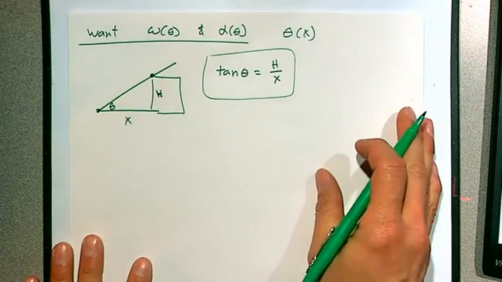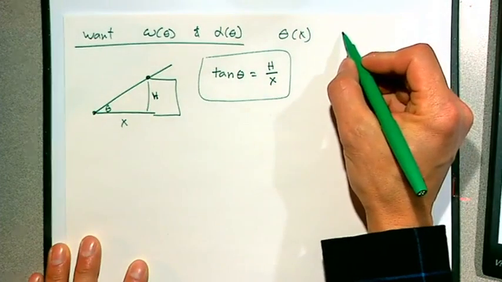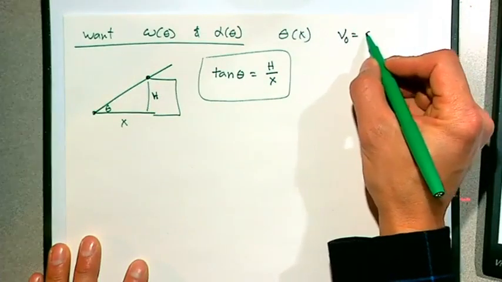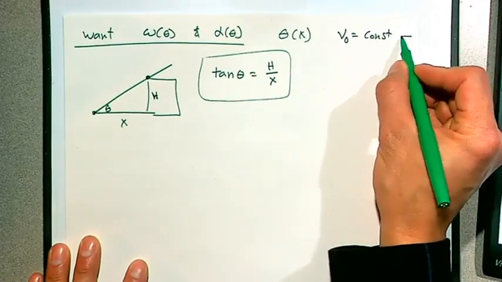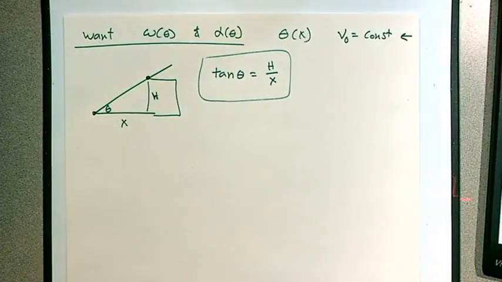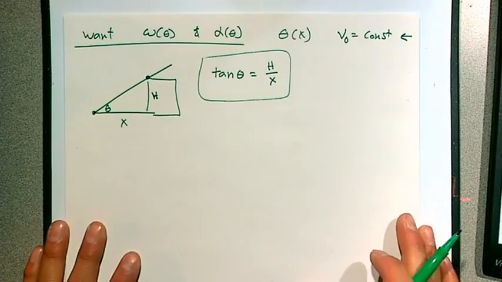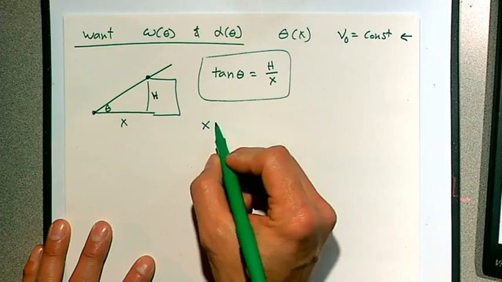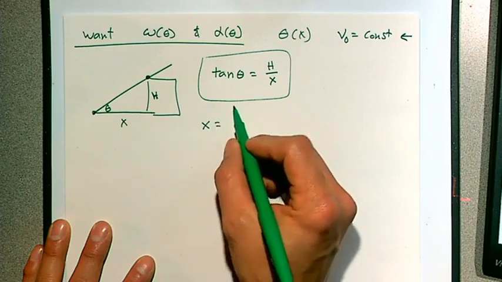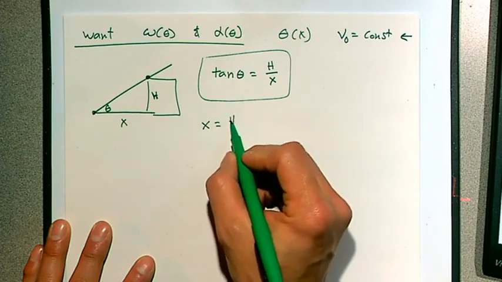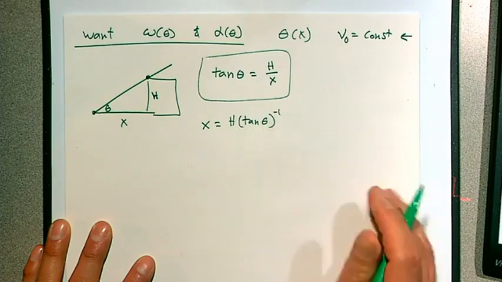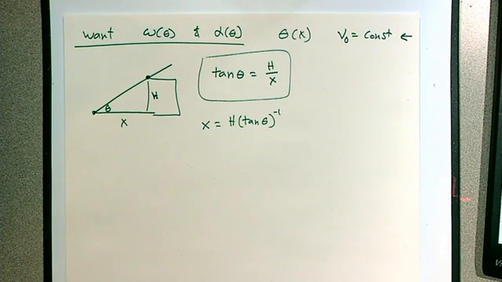The one thing we're told also is that the velocity v0 of that thing is constant. And it's moving to our left. So our box is sliding to the left. All right. I'm going to rearrange this to make it a tiny bit easier. x is equal to h over tangent theta, or h tan theta to the minus 1.